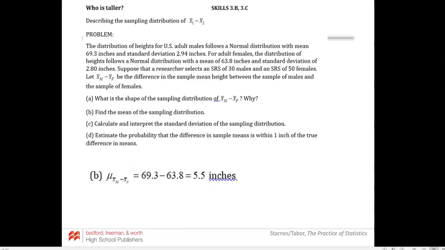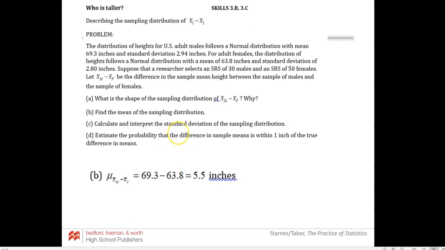Calculate and interpret the standard deviation of the sampling distribution. So check the less than 10% condition. Samples of those sizes, 30 males and 50 females, are way less than the total population of US males and females, so it's way less than 10%. So we can apply the formula.